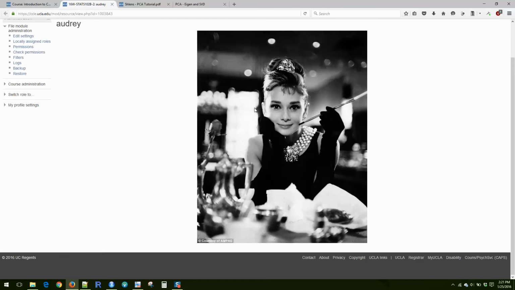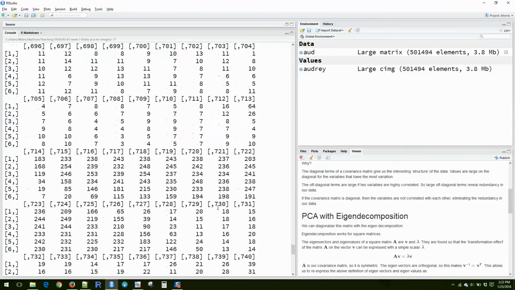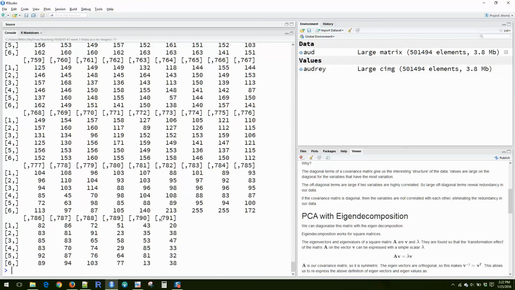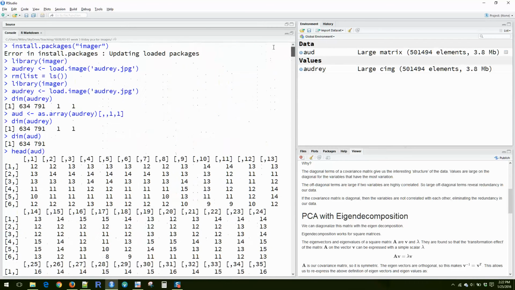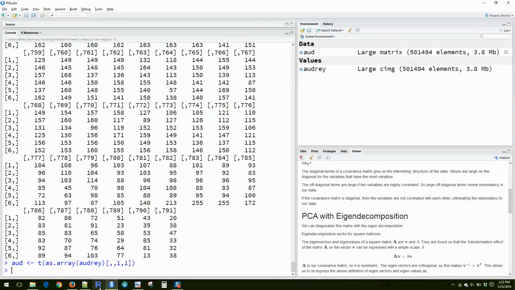So essentially, we're representing this data as a matrix. Now, we can treat this as data with 791 variables, right? Essentially we've got 791 columns. Let me transpose this so we'll actually have more rows than columns, okay?